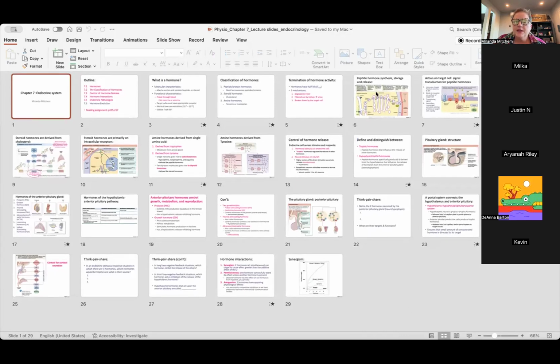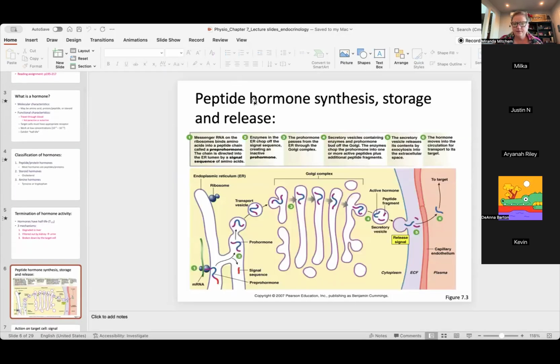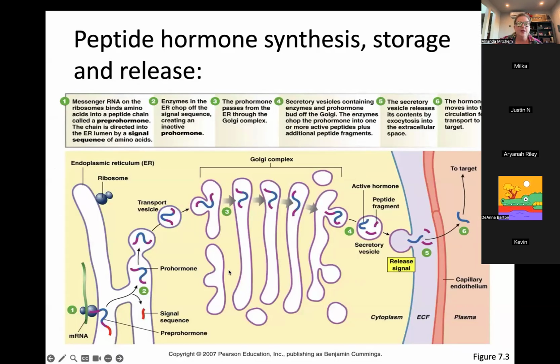Okay. Let's take a look at this slide. Okay, so this is showing us how the peptide and protein hormones are made, which by far the majority of our hormones are peptide proteins. And that's good because that gives us the characteristics of proteins, which are that they're very specific molecules.